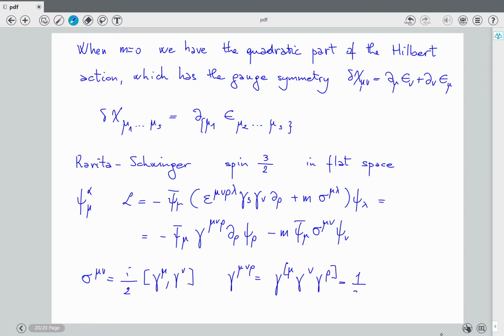So that is 1/3 factorial gamma mu, gamma nu, gamma rho plus permutations. But that is anti-symmetrized. So there are minus signs anytime you exchange only 2 indices. So anti-symmetrized permutations.